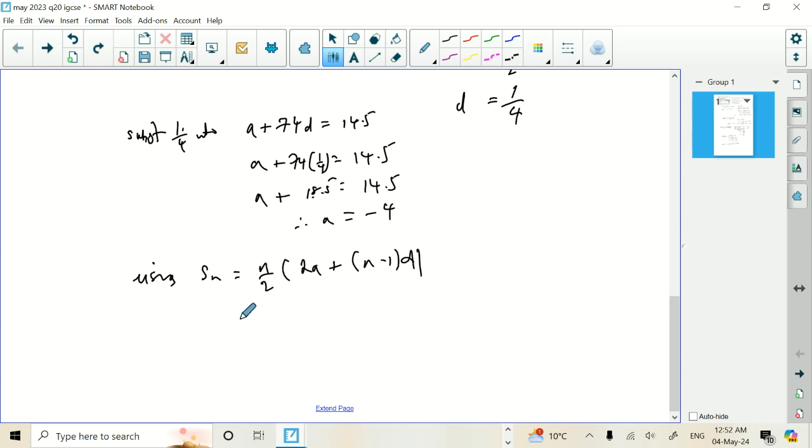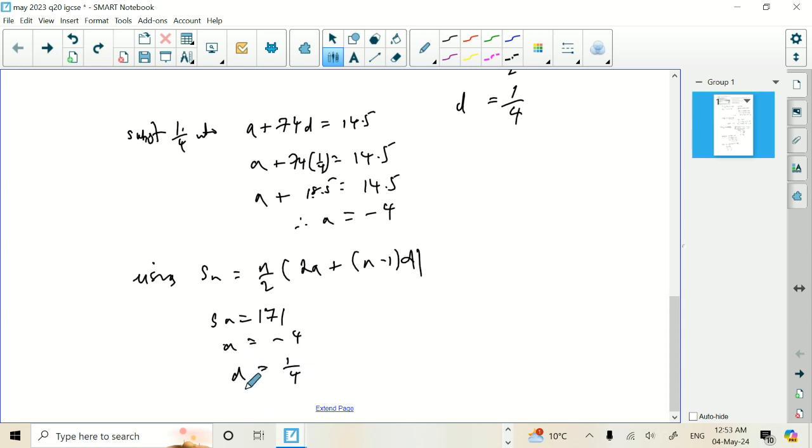And of course we have Sn is equal to 171. That's the information given. We found a to be equal to minus 4, and we found d to be equal to 1/4.